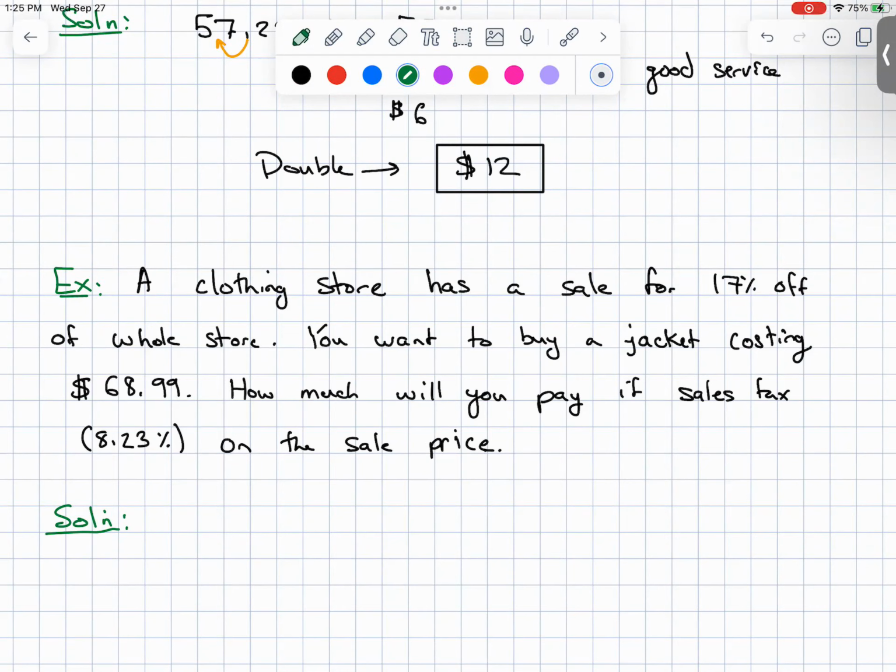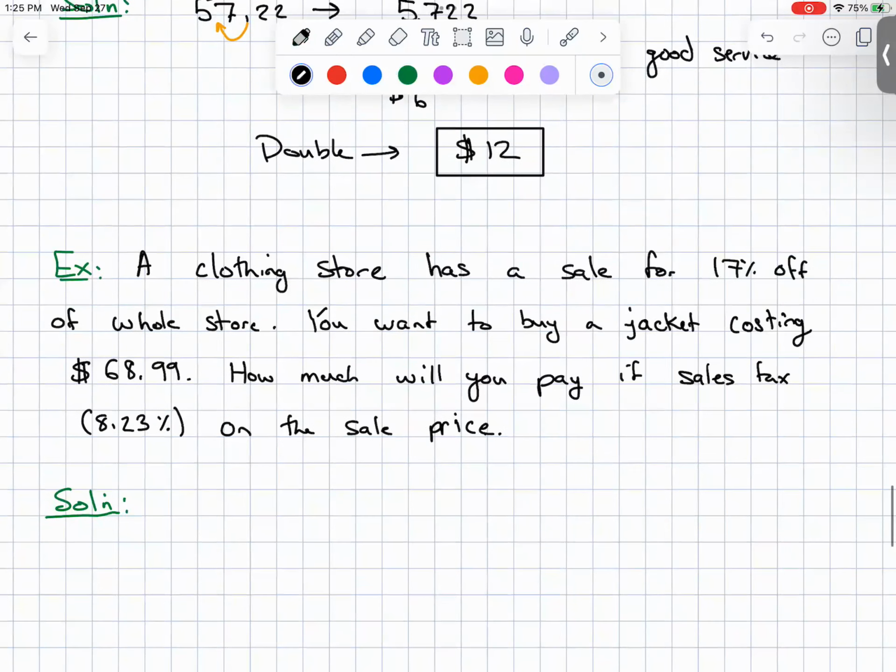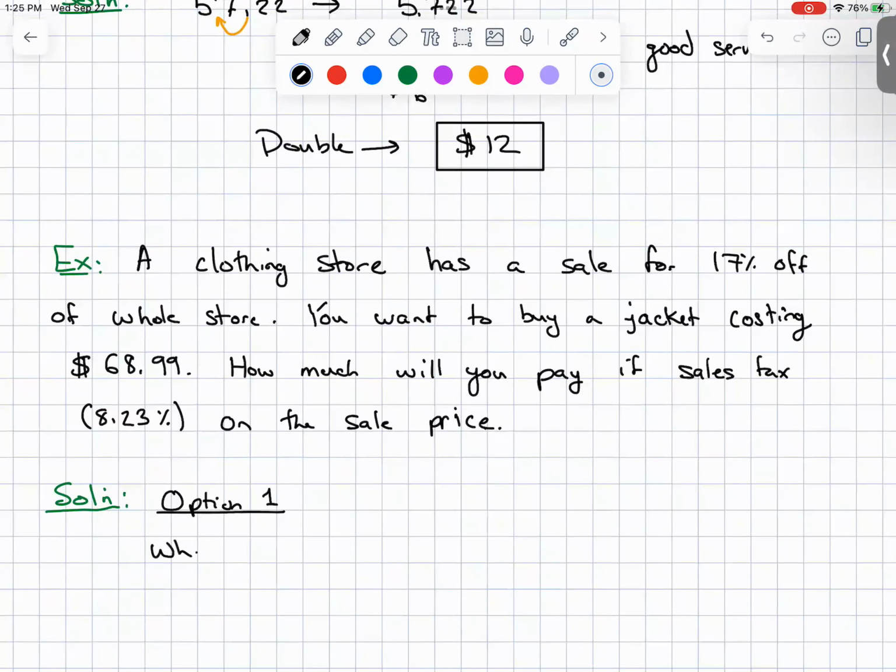The long way would be to figure out what 17% of $68.99 is, to figure out how much has been taken off from the sale. So this is option one. What is 17% of $68.99? How much is going to be taken off from the sale?